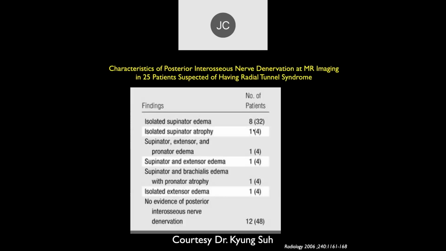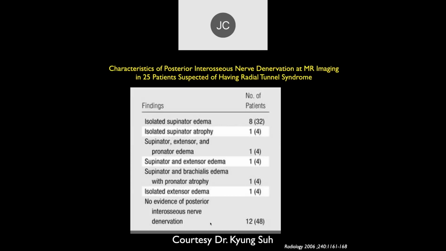At MR imaging, this was 25 patients that they evaluated with posterior interosseous nerve syndrome. And as far as findings, isolated supinator edema was in about a quarter. Supinator atrophy alone was in about a quarter as well.